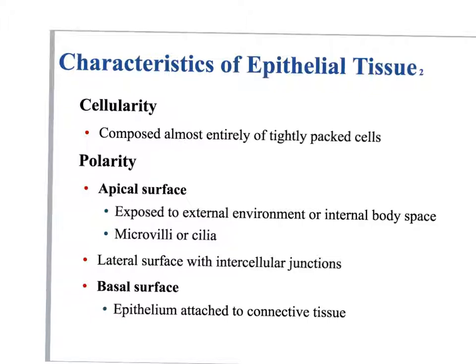So that exposed surface is exposed to either the external environment or an internal body space. That's what we call the apical surface. I'm going to draw my hypothetical epithelium again. My 4 cells, and my nuclei.